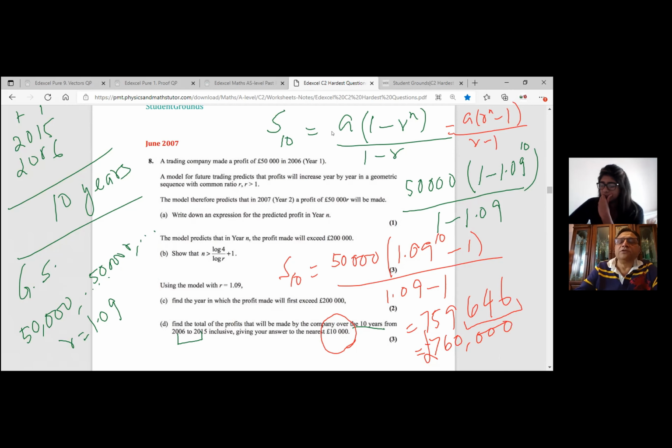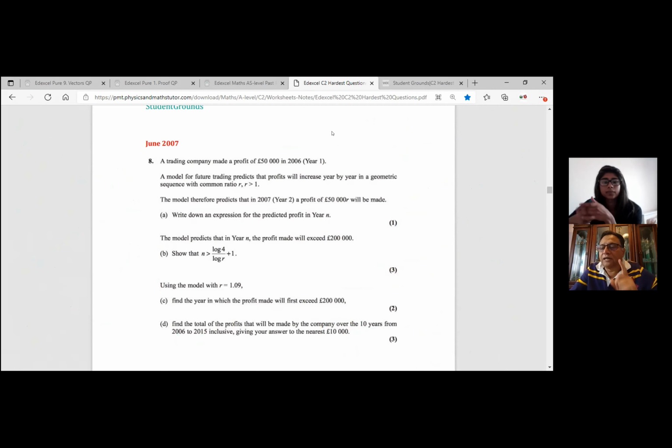So, Amy, can you summarize critical things which we should keep in mind while solving such a question? Yeah. So for part A, because the question stated that this model is in relation to a geometric sequence, it's all about defining n and knowing our formula, as it is A r to the power of n minus 1.